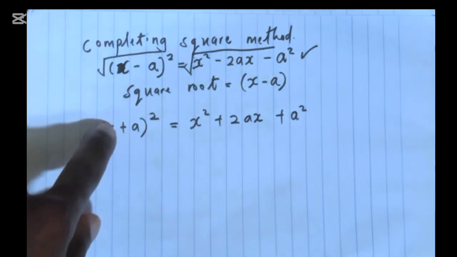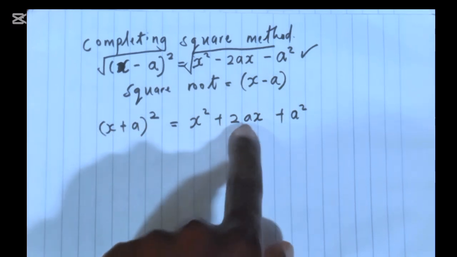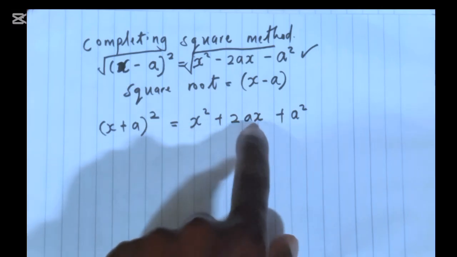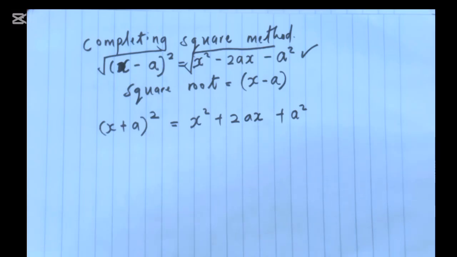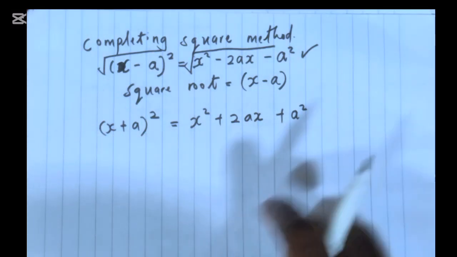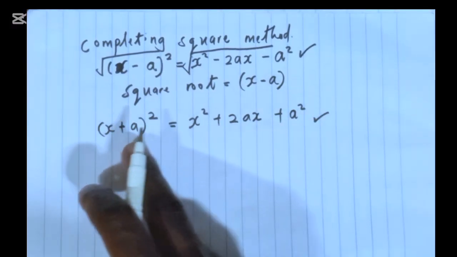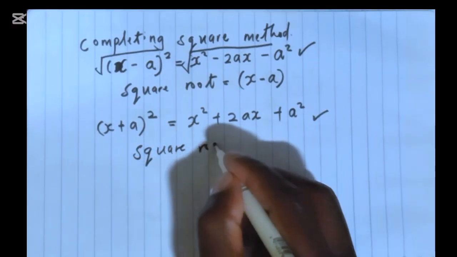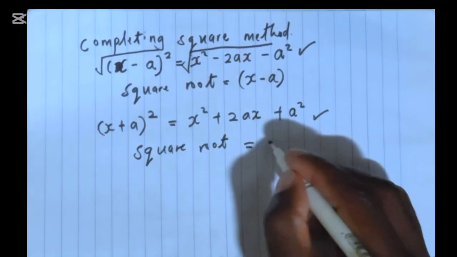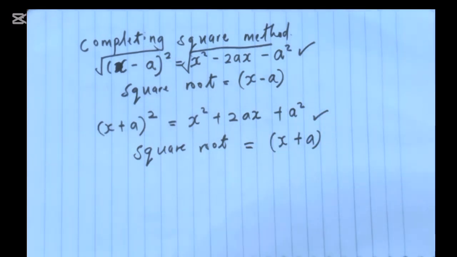So basically it's x squared, all right, plus x times a times 2, giving us 2ax, all right, plus a squared. And so if this here is the square of x plus a, then you realize that its square root will actually be what? x plus a. That will be the square root.